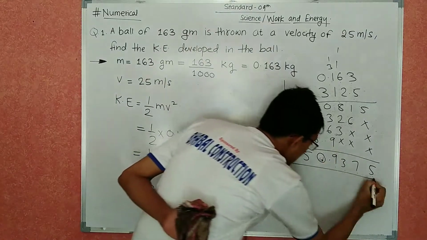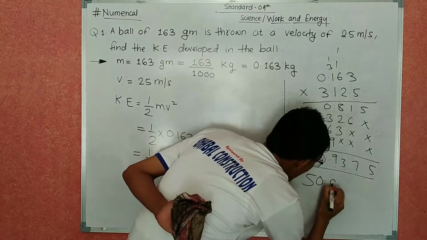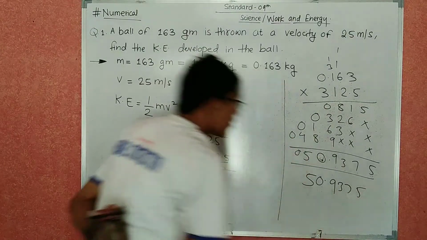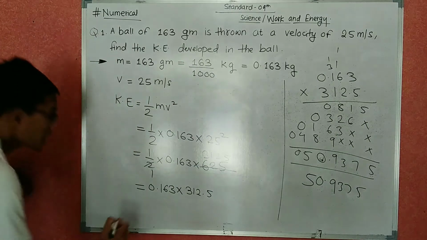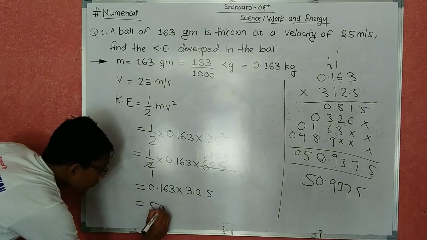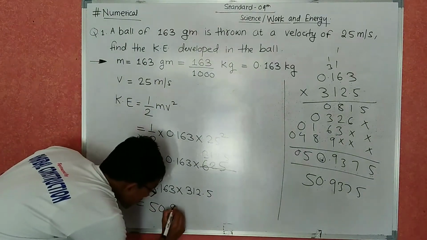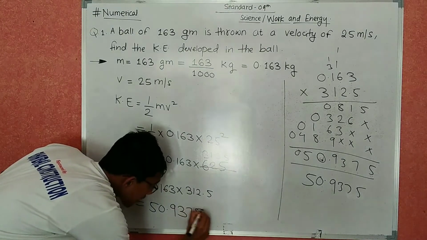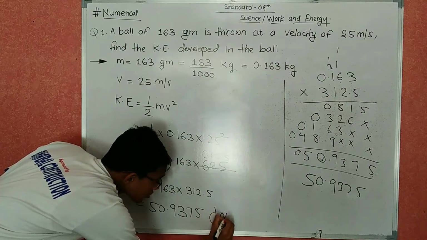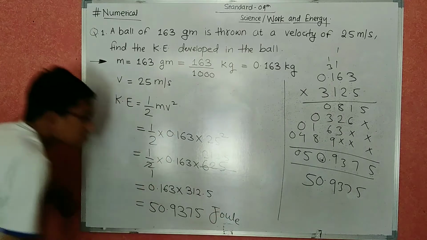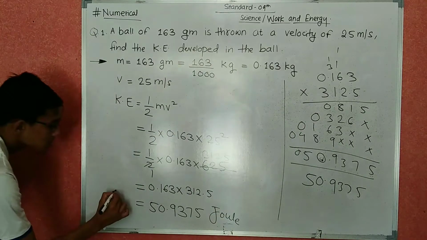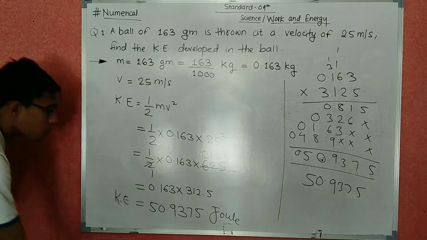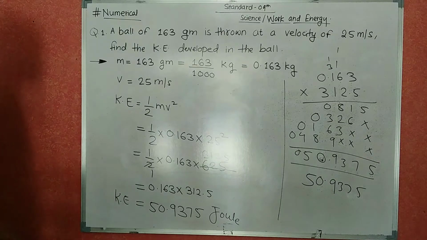So we get the answer as 50.9375 joule. This is the final answer. The kinetic energy developed in the ball is 50.9375 joule.